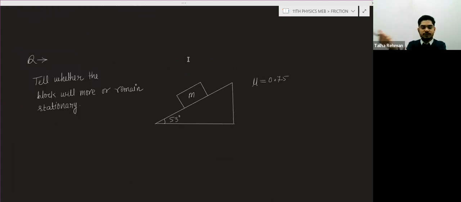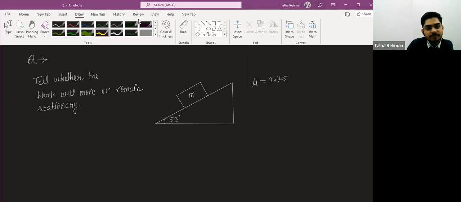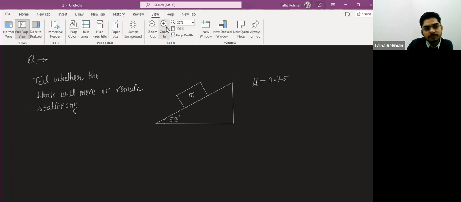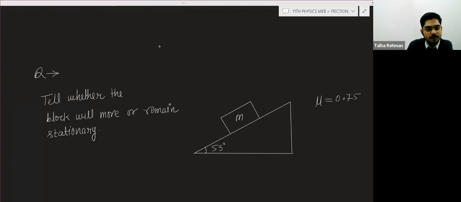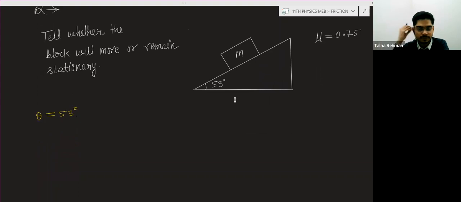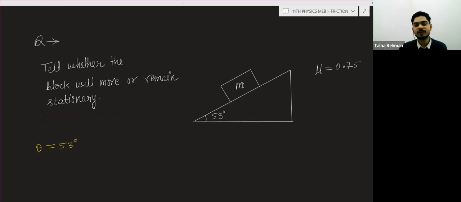Now what is given in this question? Theta is given, theta is 53 degrees. How can we tell whether this block will slide or just remain stationary?